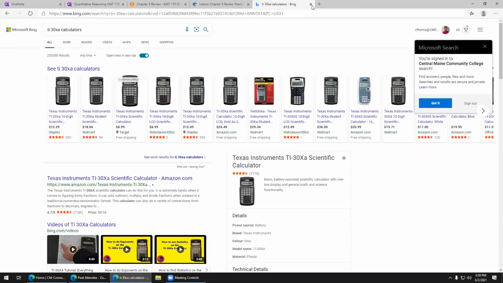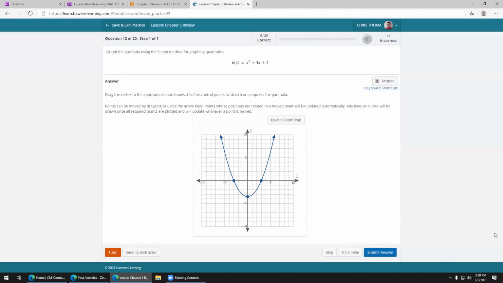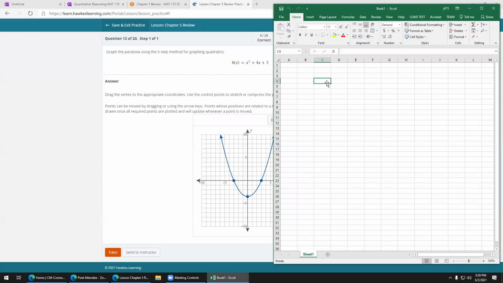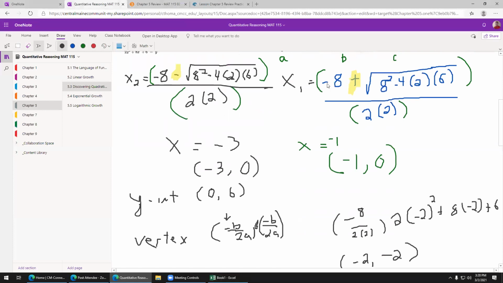Again, I think one of you messaged me and said they like Excel. Not to confuse more people here, but if I bring up Excel, I can just type it in as the same thing. So I put in an equal sign, put in my parentheses. This will make sure I'm getting the right answers. So let me go back to my problem here.